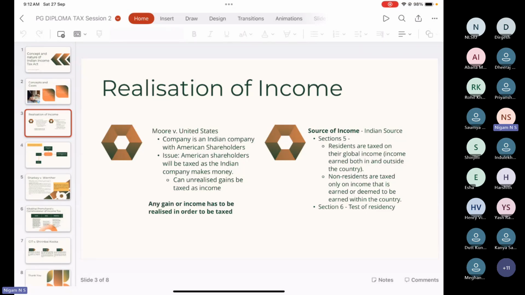I think this was an agricultural machinery company. It may be making money in India because it's buying and selling things. It has some shareholders in America. And the question in this case was, when there is income in the underlying Indian company, how will it be taxed when the Indian company earns money?